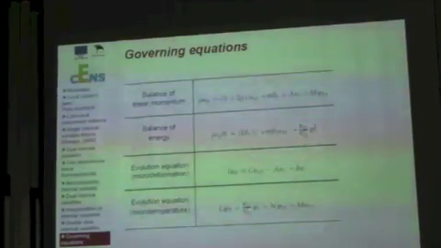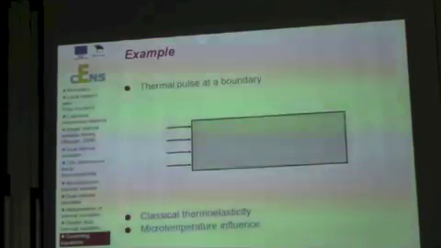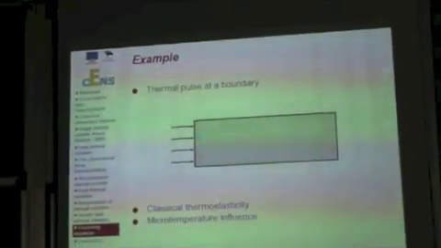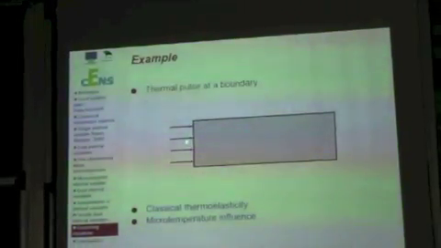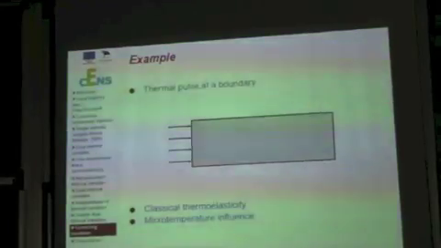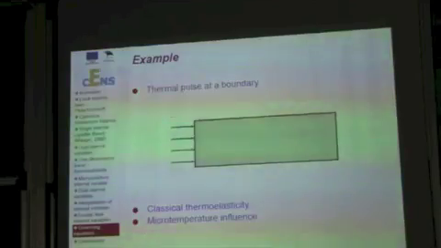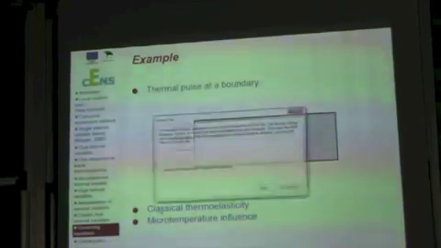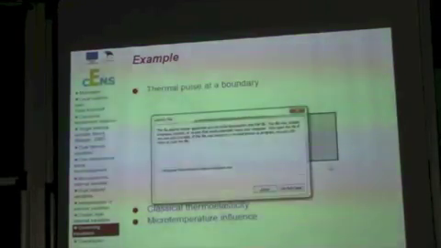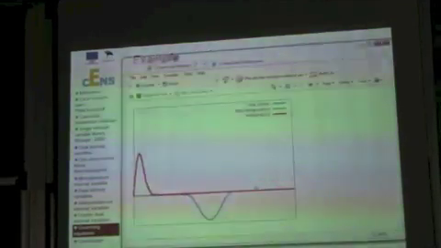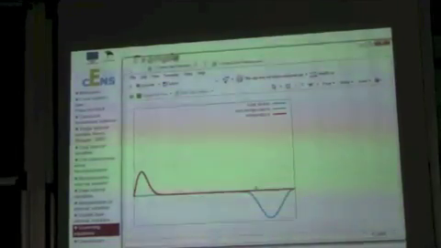And I would like to show you how it works, with a very simple example. We have some specimen, and we apply a Gaussian thermal pulse at this boundary, and we see what happens. First I would like to show you how the classical theory works without any kind of internal variables.